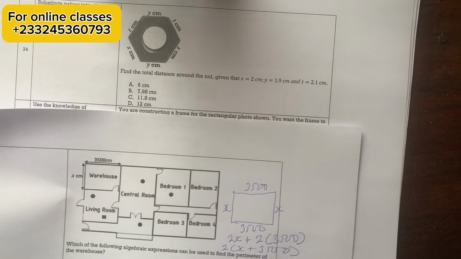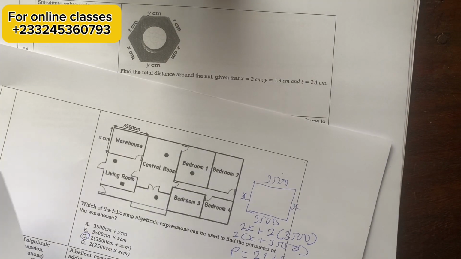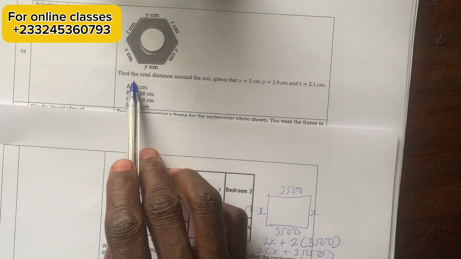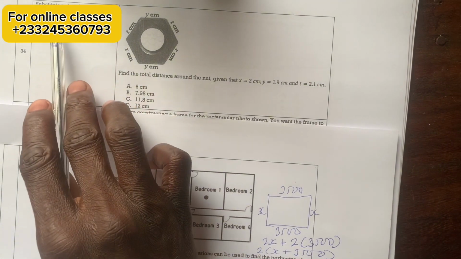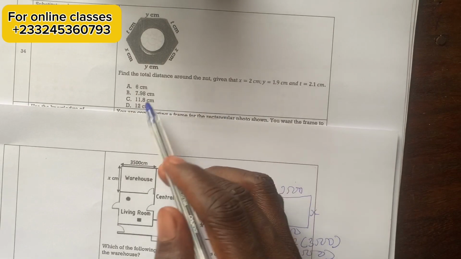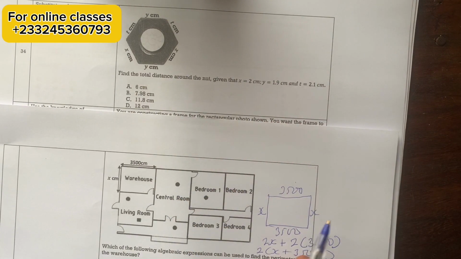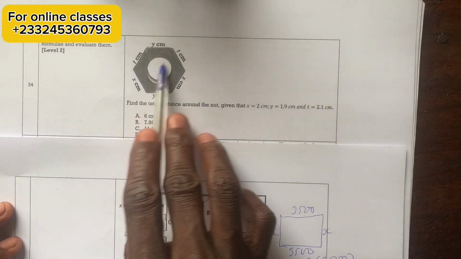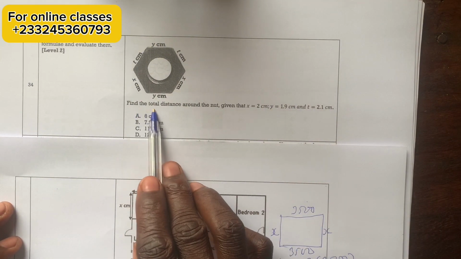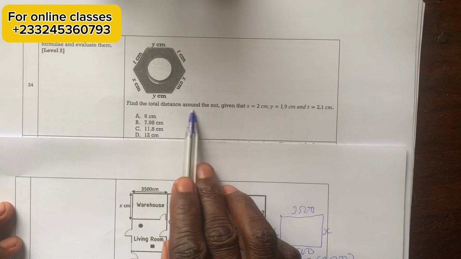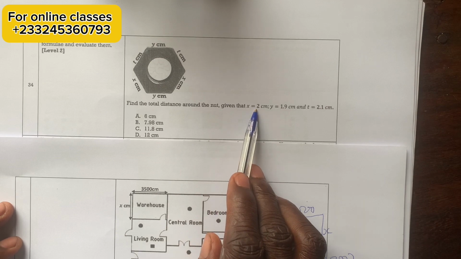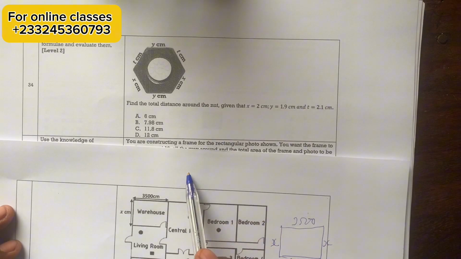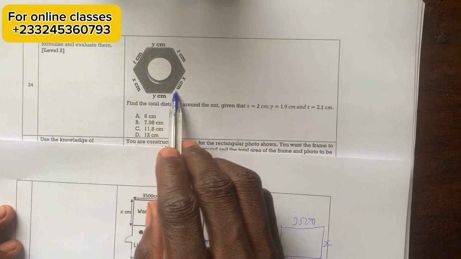Let's see the next one here. Substitute values into the given formula and evaluate them. This one, let me leave it for you to solve. You can just do that one in a very simple way. That is, find the total distance around the unit, given that x equals 2, y equals 1.9, and t equals 2.1. So add all these.